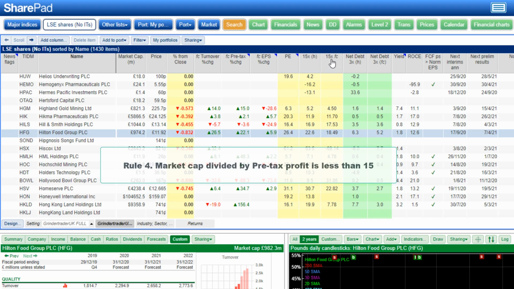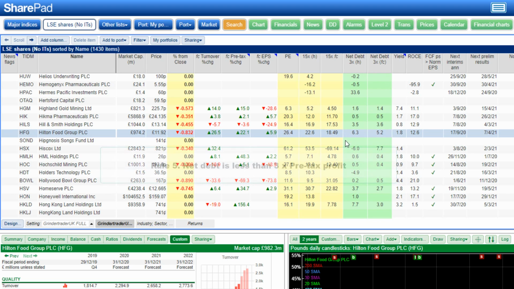But the forecast one is 15 times the forecast. Again, this is to do with the broker forecast that we mentioned here. This is the percentage, and it's come with a calculation of over 15. So this valuation tells me that it's over my 15 times rule, so we generally wouldn't be investing in that unless there were some exceptional circumstances.